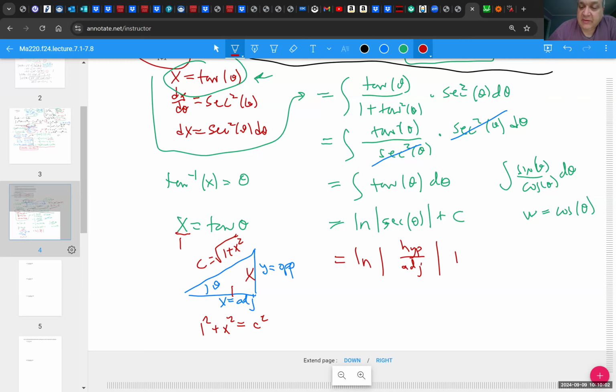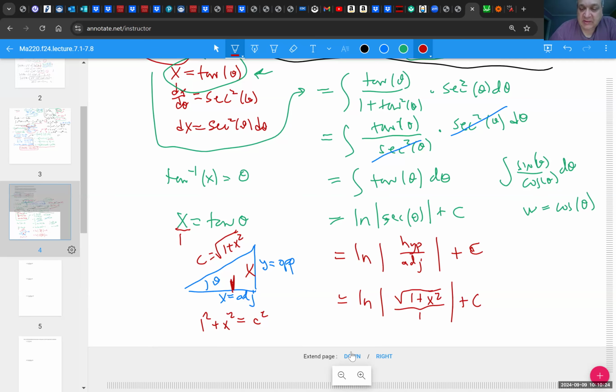But given this little triangle that I drew out, I know what the adjacent and the hypotenuse are. The hypotenuse is the square root of 1 plus x squared, and our adjacent is just 1. I'll write the 1 in there temporarily, but of course we need to simplify this, so we would get rid of the 1 in our final answer.